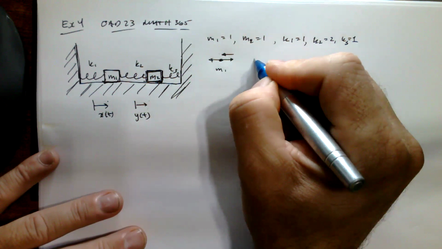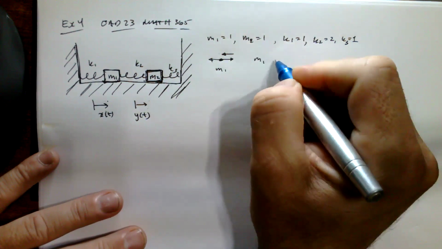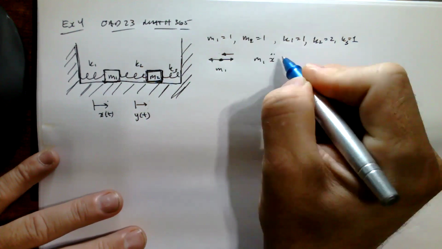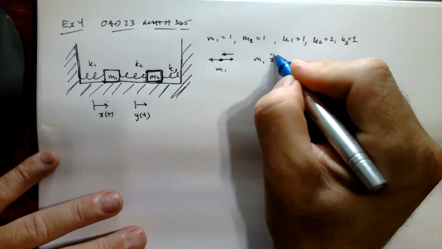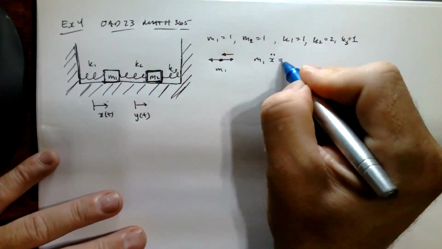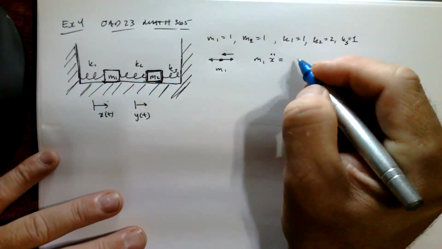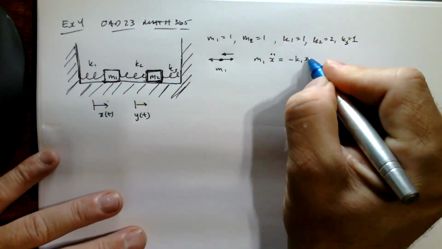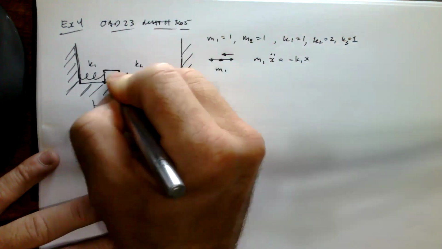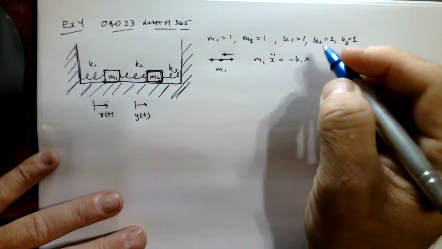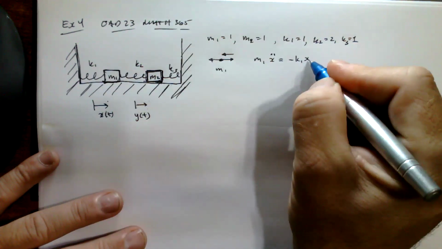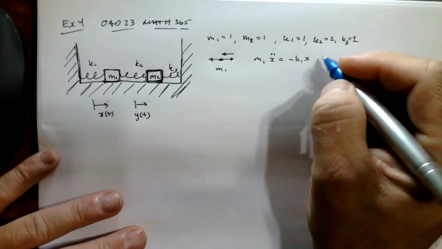So we can write Newton's second law as m x double dot, mass times acceleration. The first force is of course the first spring constant times its displacement, K1 x, and that's pulling it back, opposite to its motion, from Hooke's law.